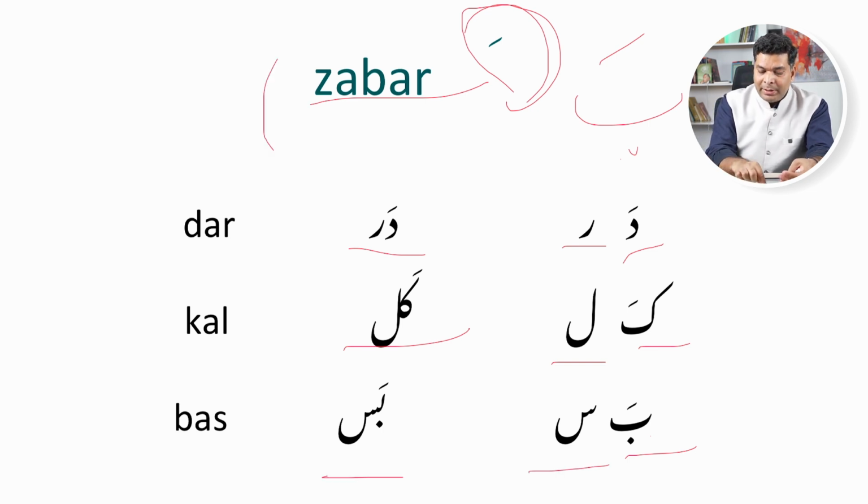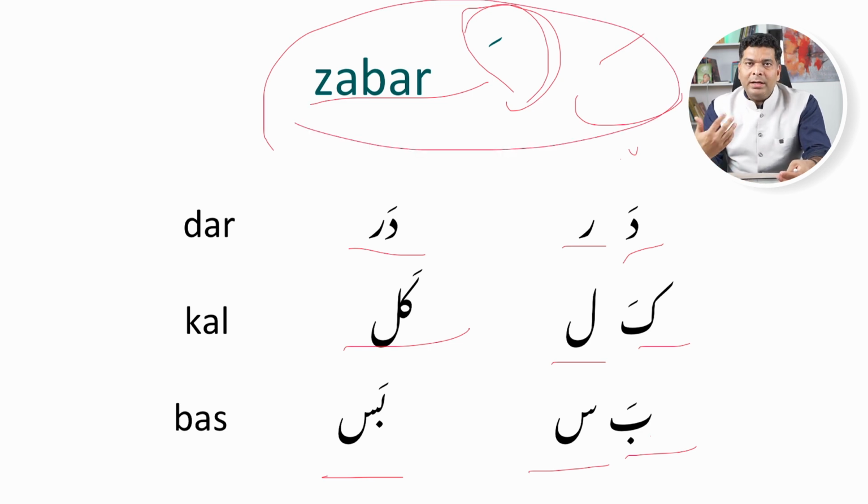So the zabar is a short vowel, which gives a sound when it is connected with any letter, like dar, kal, bas. Many times, we do not write it. When we are actually writing the word, we do not write zabar. And if it is not there, depending on the context of the word, we spell it even without its presence. But this is how zabar is used, right?